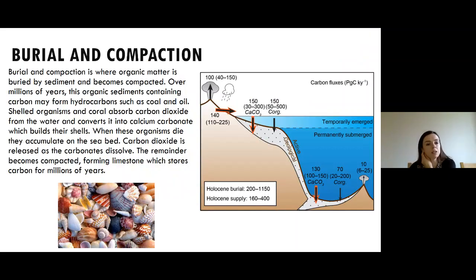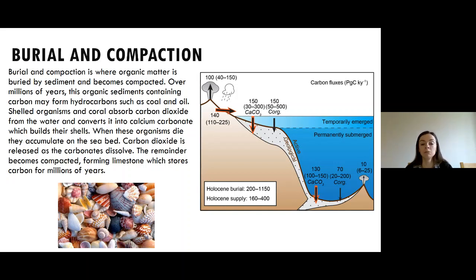Okay, burial and compaction. Burial and compaction is where organic matter is buried by sediments and becomes compacted. Over millions of years, these organic sediments containing carbon may form hydrocarbons such as coal and oil, fossil fuels. Shelled organisms and coral absorb carbon dioxide from the water and convert it into calcium carbonate, which builds their shells.